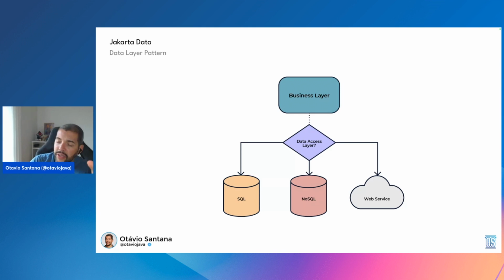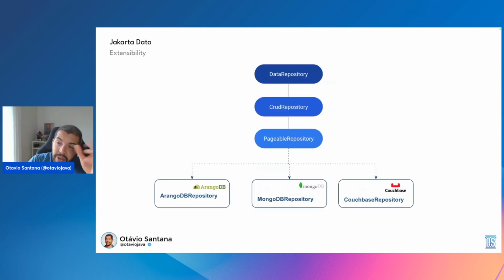So you can use Jakarta NoSQL with Jakarta Data. And using the same analogy and the philosophy of extensibility, we do have the data repository, the CRUD repository, the pageable repository, and the NoSQL database repository. So ArangoDB repository, MongoDB repository, Couchbase repository, and so on.